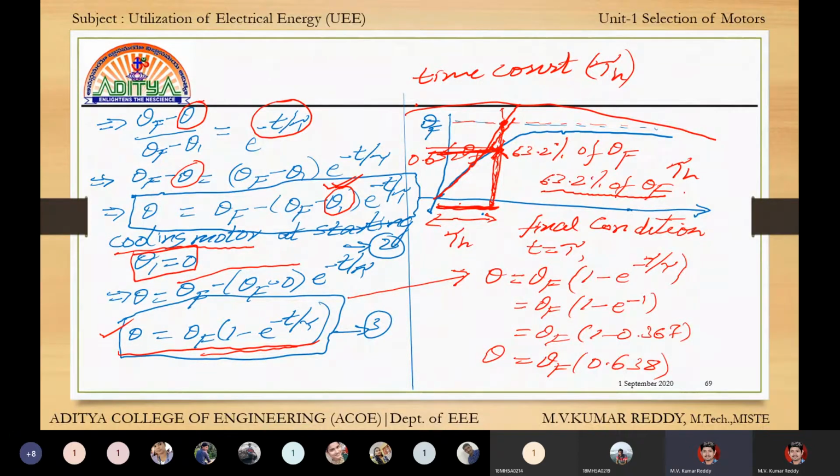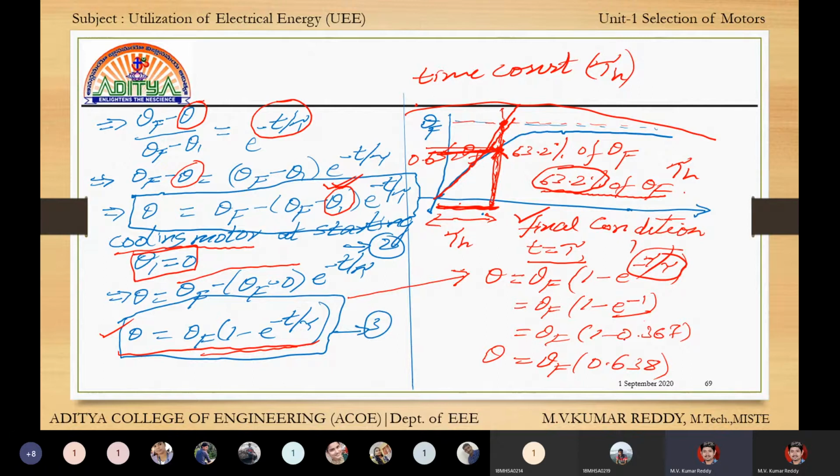To prove this, we have to substitute a final condition. What is the final condition? t is equal to tau. Theta is equal to theta f into 1 minus e power minus tau by tau. This tau by tau becomes 1.